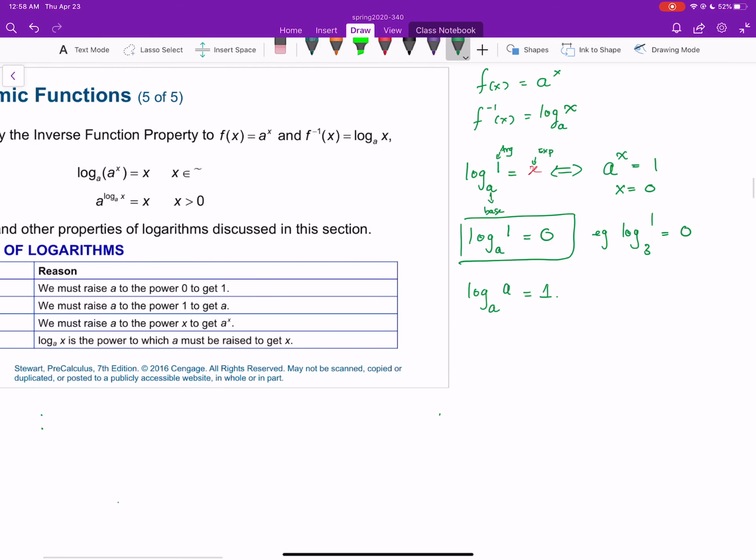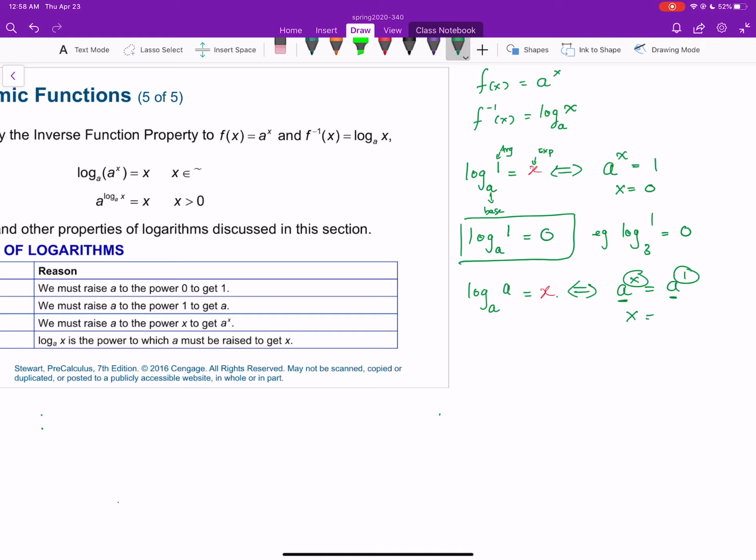So again, if I take away the 1 and I set this equal to x, then we can see that this is synonymous to me writing this in the exponential form. a to the x is equal to a to the power 1. Well, since we have the same base a, we can compare the powers.